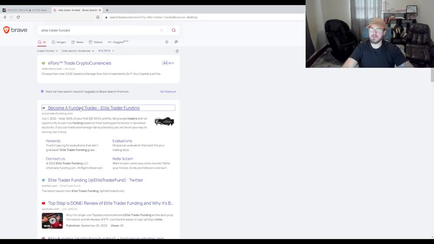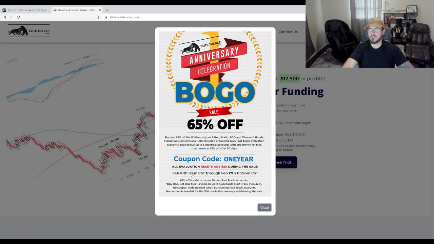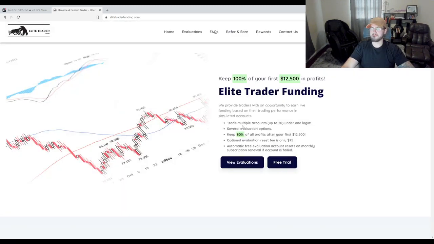That's pretty cool. You can trade multiple accounts under one login. Keep 80% after your first 12,000. The original evaluation reset fee is only $75.